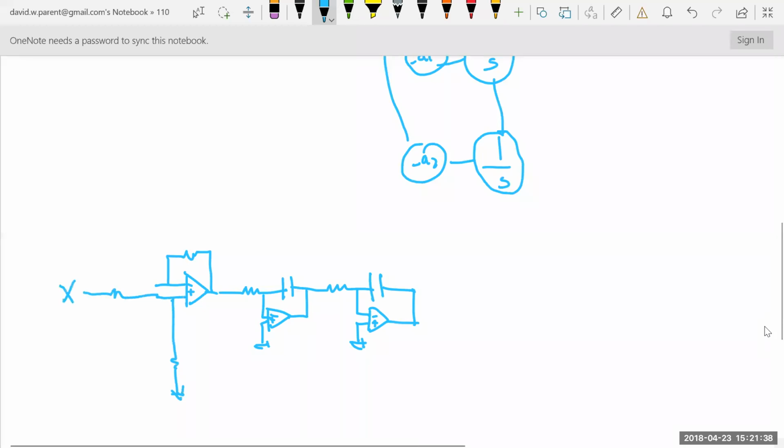Now, this time I called it X and Y, so I would just call that Rx, R feedback 2, R feedback 1.